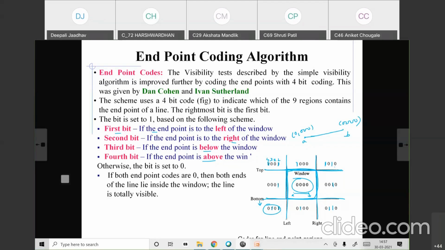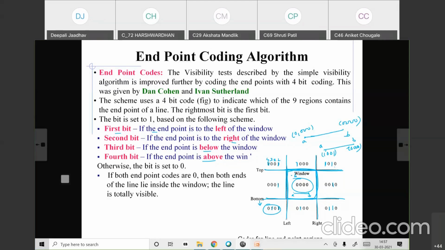Suppose I give here the bits like this, the line A, B, and its bits are 1 0 0 1 and 0 0 0 0. What does it indicate? The B point is interior to the window, inside the window, and where is the A point?